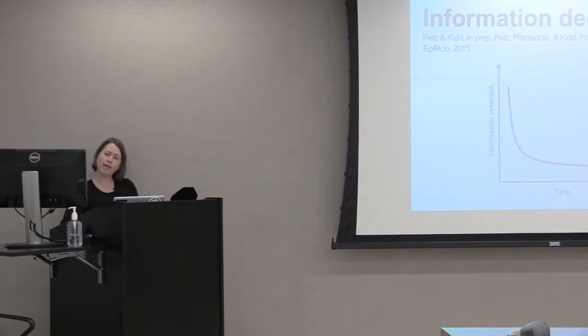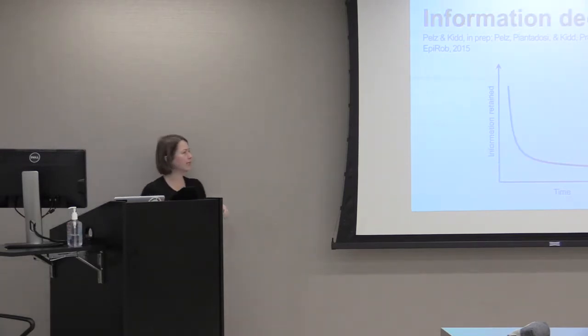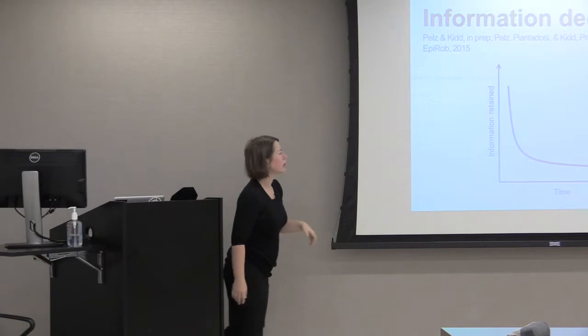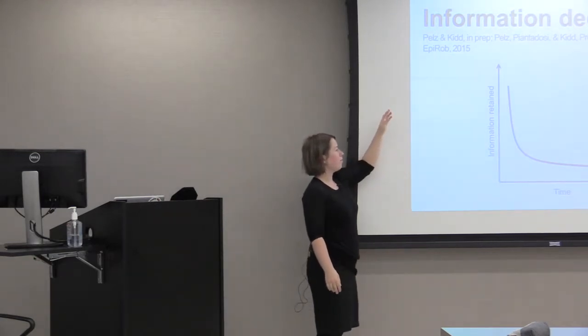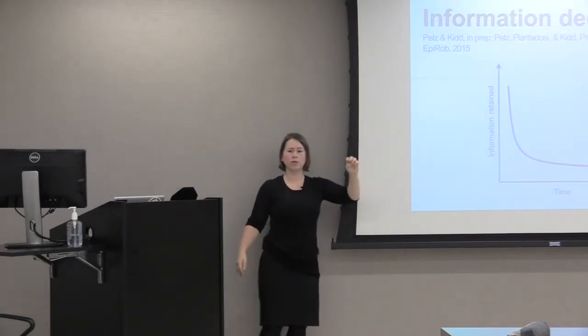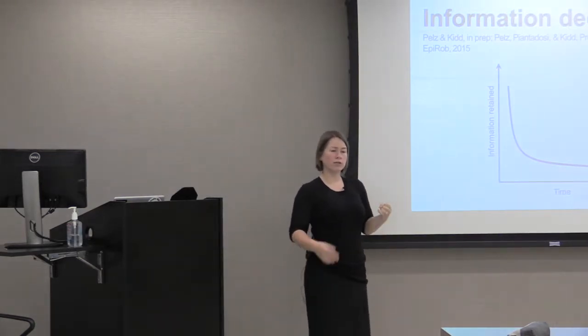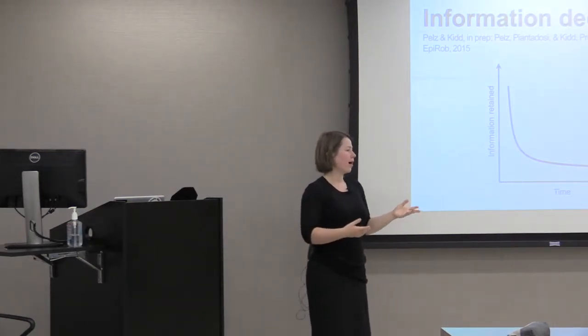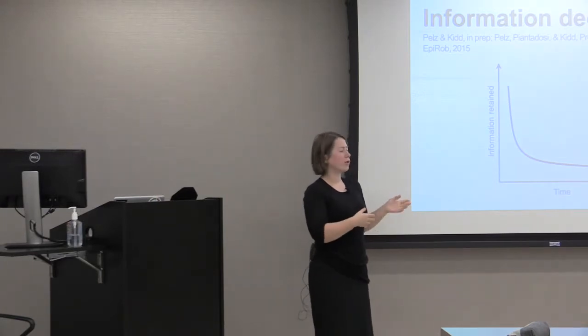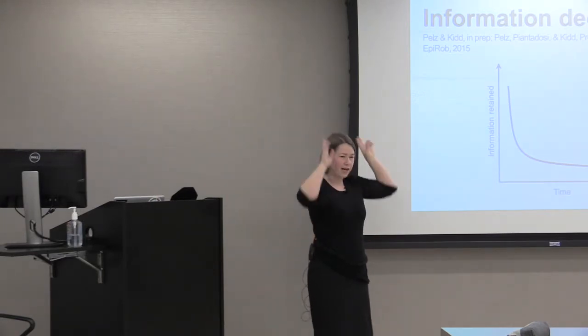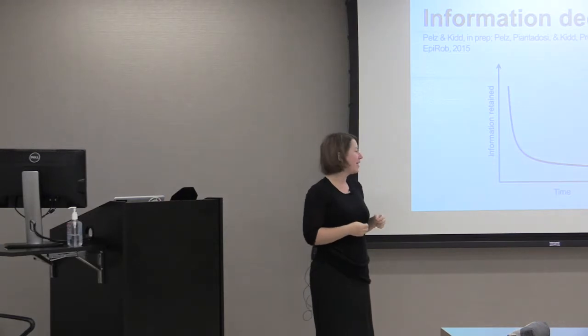The other key component of the model is the information decay parameter. This is meant to encode the fact that the world that we live in is not static. If you were standing and learning about a bunny in a field, you could stare at it and learn a lot of stuff. You could learn that it's fuzzy, it's got ears, its nose does a little cute thing, it moves like this.